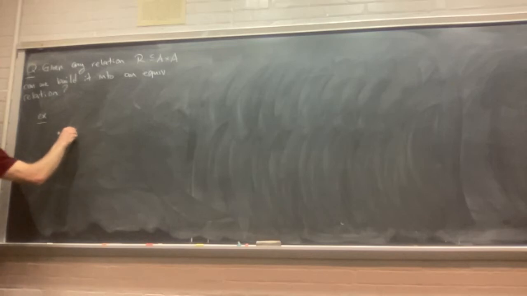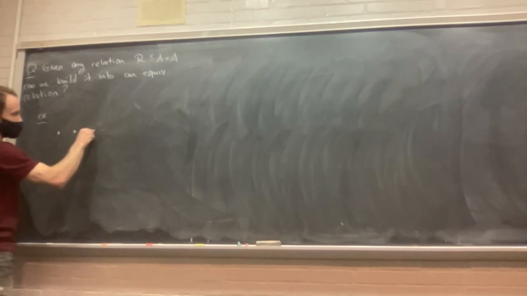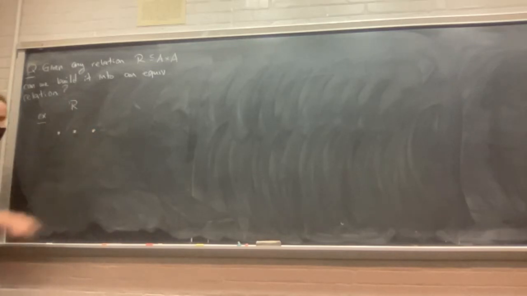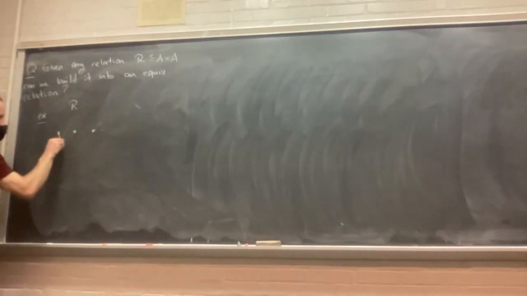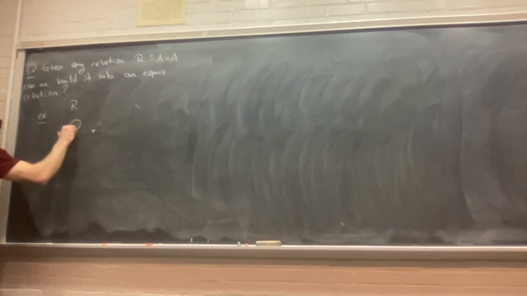So, for example, let's say we've got a 3-element set, which I'll just draw by dots. So let's say these are our 3 dots. And then our relation R is going to be like maybe this and that, right?